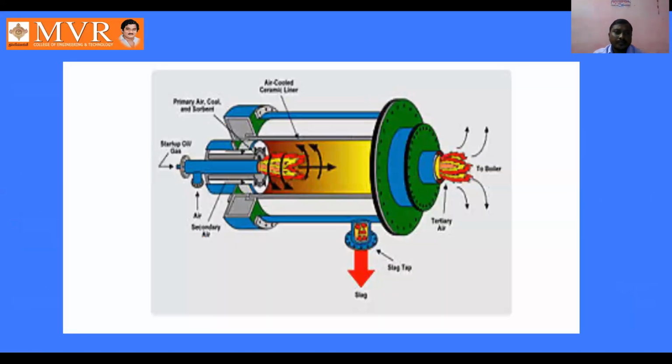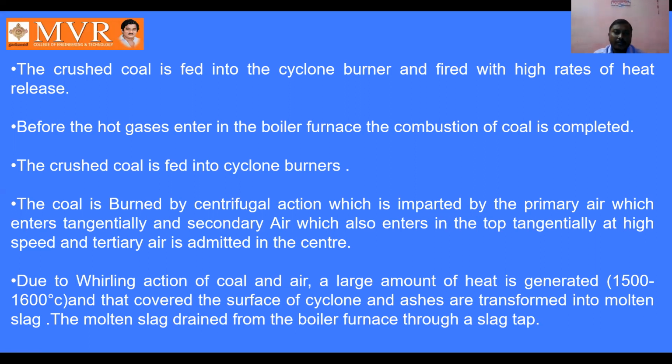See here, with the same concept as the unit system and the central bin system, in this cyclone furnace construction the coal is crushed and the crushed material enters the pulverizer mill, and from the pulverizer mill it enters the burner.